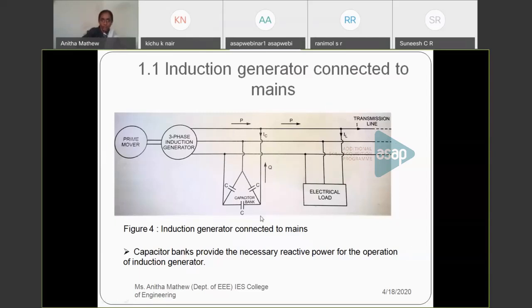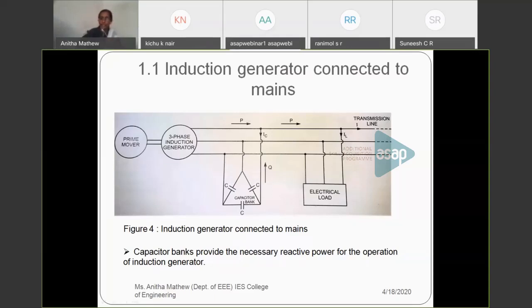We are providing a capacitor bank here, also connected to the transmission line. This capacitor bank provides the necessary reactive power for the operation of the induction generator.